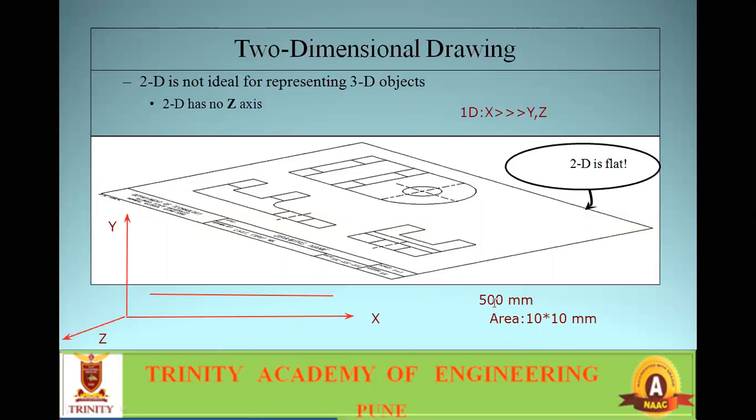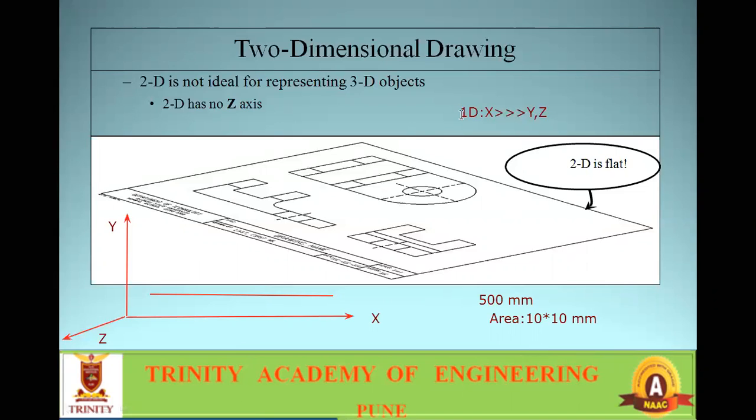So this is length of 500 mm and area is 10 by 10 mm. Here length is the x direction, and the y and z directions are nothing but the area. So the 500 is greater than the other two. So that is the case of a 1D element.